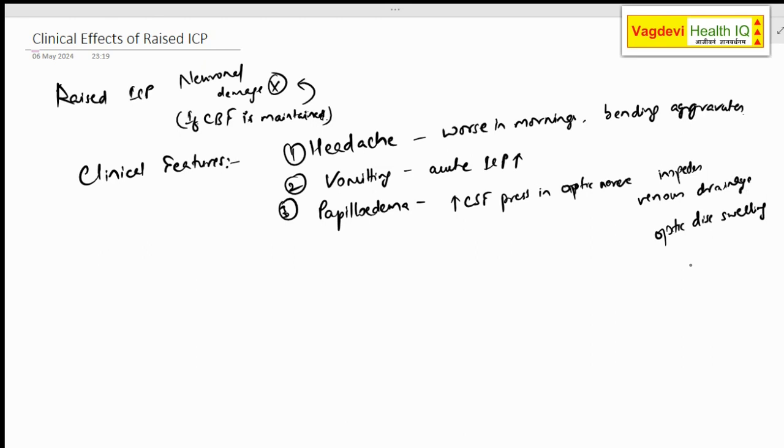Obviously, later there will be retinal hemorrhage, disc hemorrhage. That is how vision could be at risk.